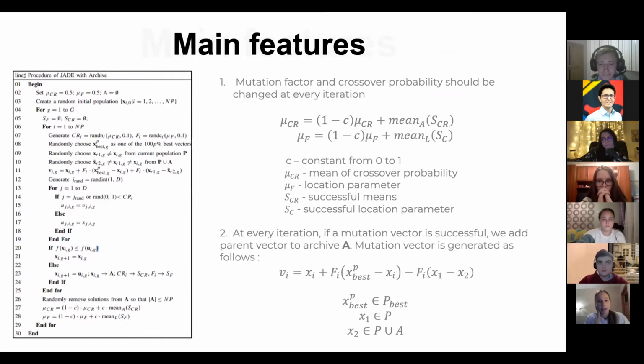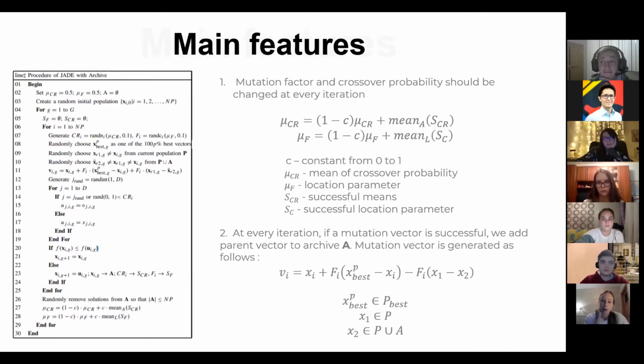Firstly, unlike in differential evolution, in JADE we change the mutation factor and crossover probability at every iteration. We use a normal distribution for generating the mutation factor and a Cauchy distribution for the crossover probability. At first, the mean and location parameter equal 0.5.